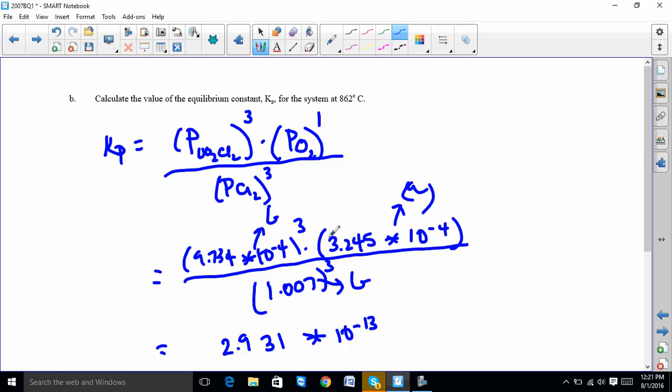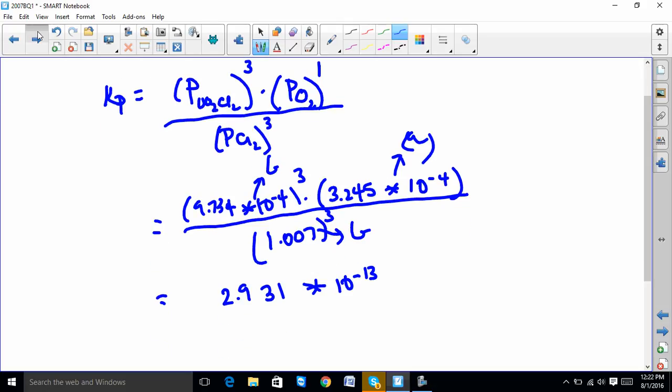And even though it would have a unit, because you'd have atmospheres to the fourth on the top, and atmospheres cubed on the bottom, we're really only interested in the number. This is a very small number, and so that means you have very little on the right and lots on the left.